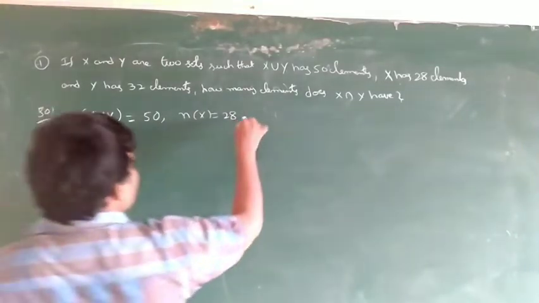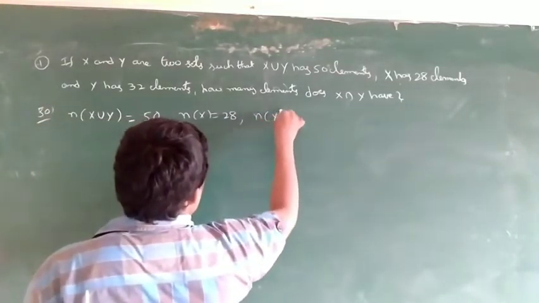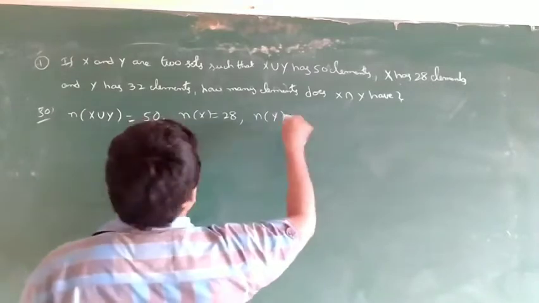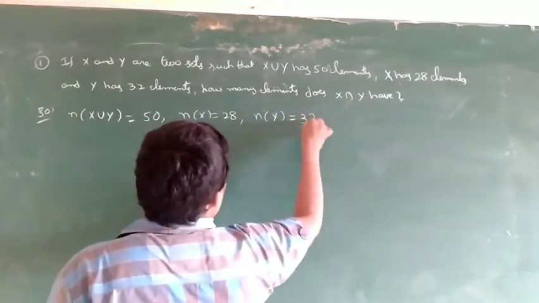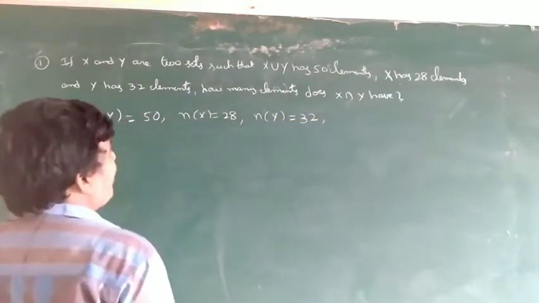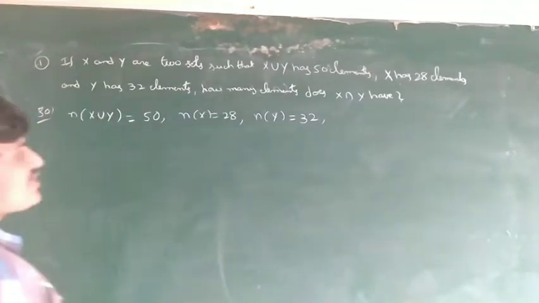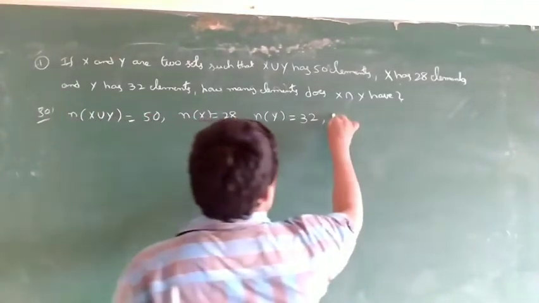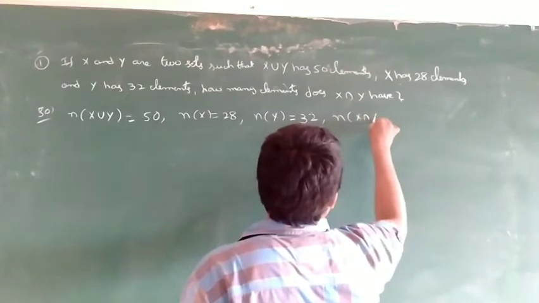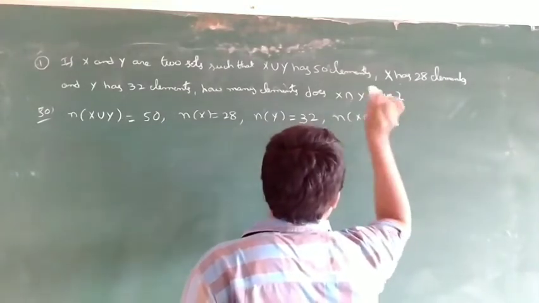The number of elements in Y, n of Y, is equal to 32. How many elements does X intersection Y have? So n of X intersection Y is equal to question mark.